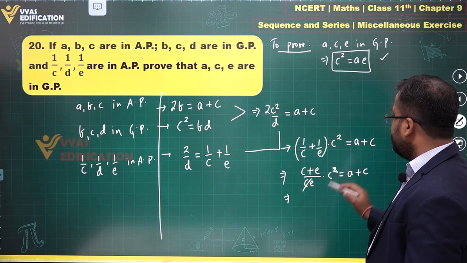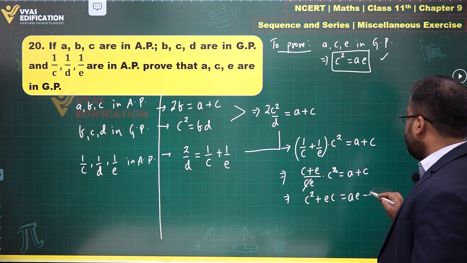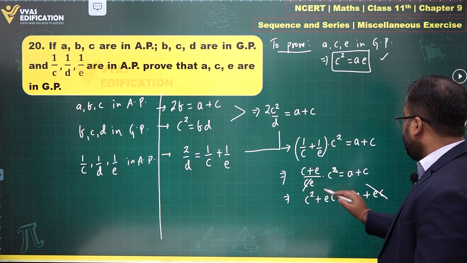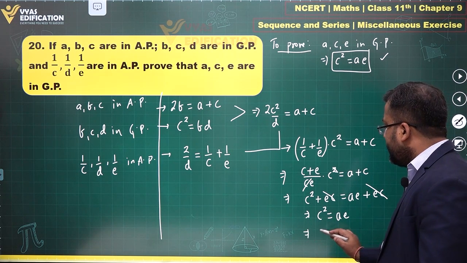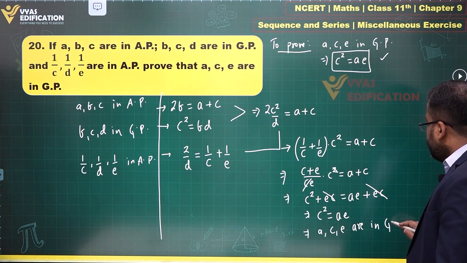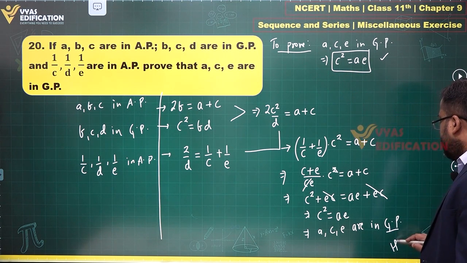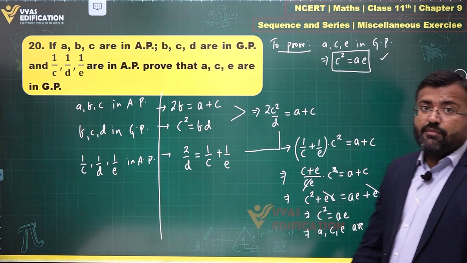This c goes with c square, so that becomes c square plus ec is equal to ae plus ec. ec goes with ec, that tells me c square is equal to ae, or you can say that a, c, e are in geometric progression. That's the proof for this question, as you can see over here using this simple idea.